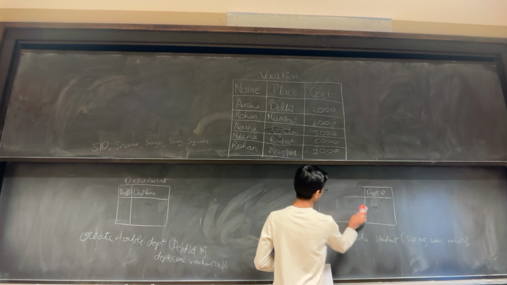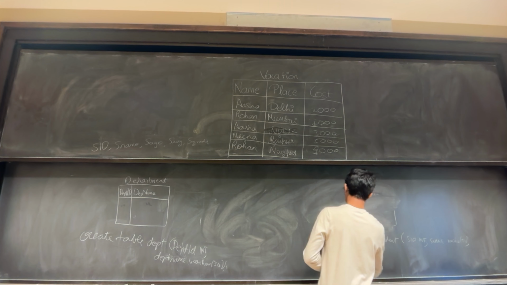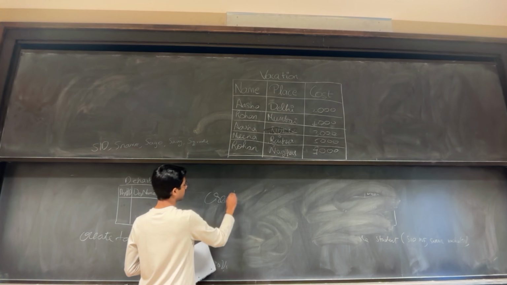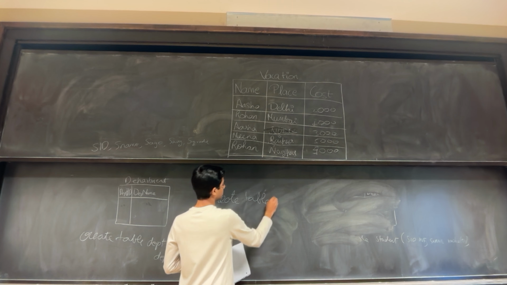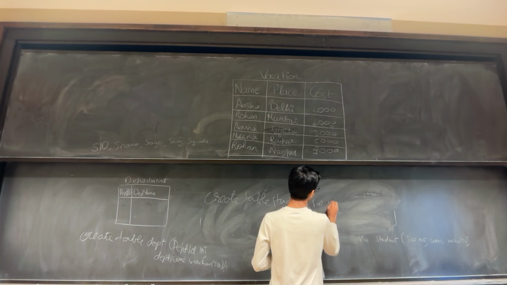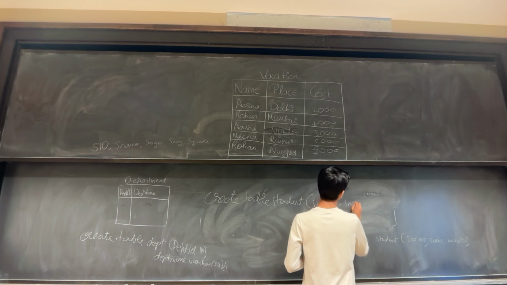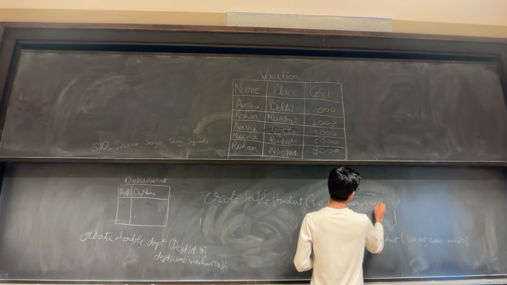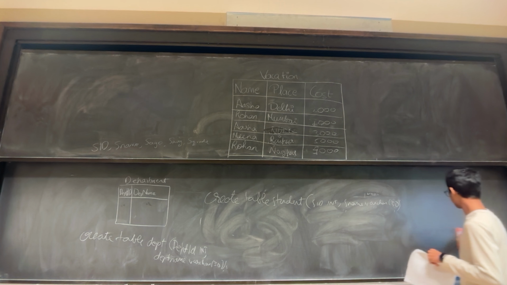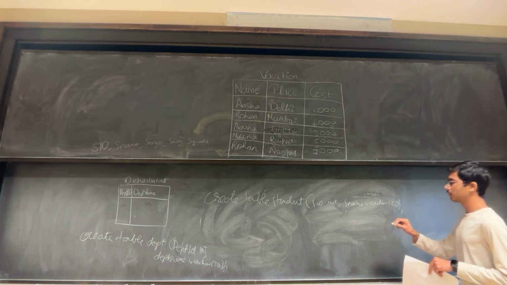Rewriting that quickly, create table student, SID integer, S name varchar 30, and now this is where it gets interesting, comma.